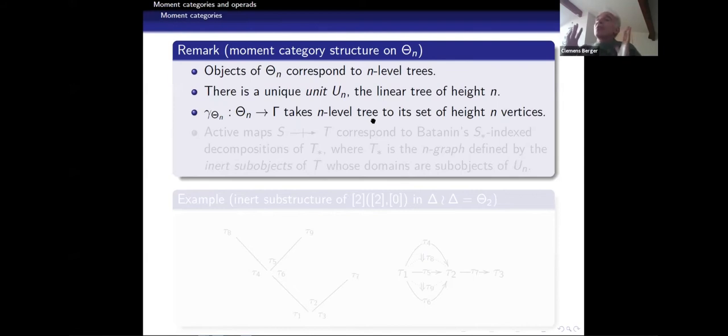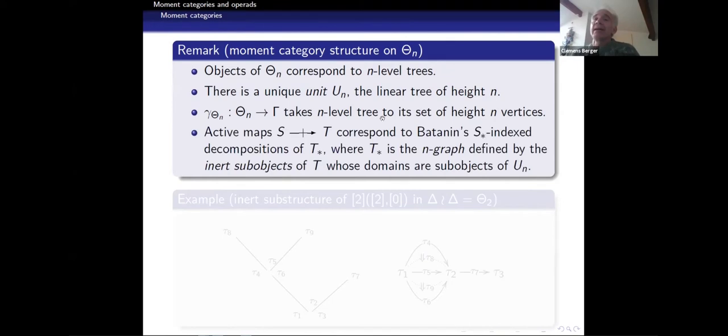Now, in order to understand the theta n operads, you have to understand the active maps. And actually, these active maps are already contained, though not explained exactly in this way, in Michael's original paper on globular n operads, and they correspond to tree decompositions, so partitions of the tree T indexed by S. But now you have to define what a tree partition means.